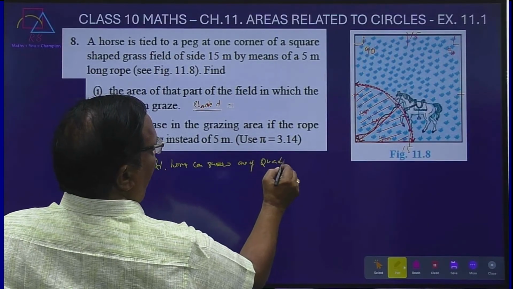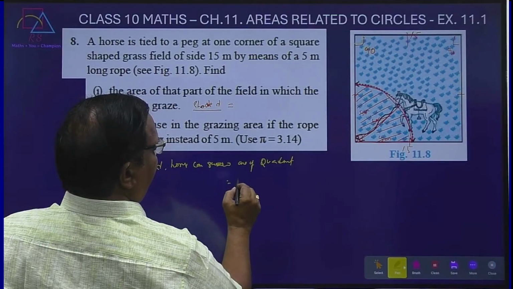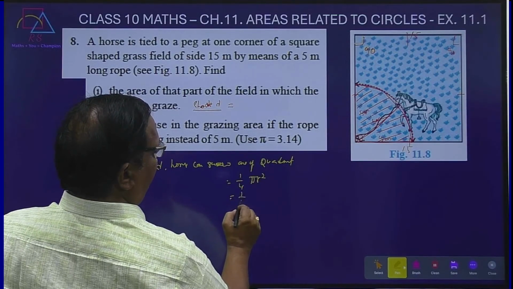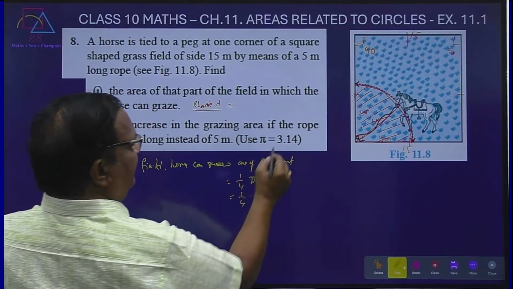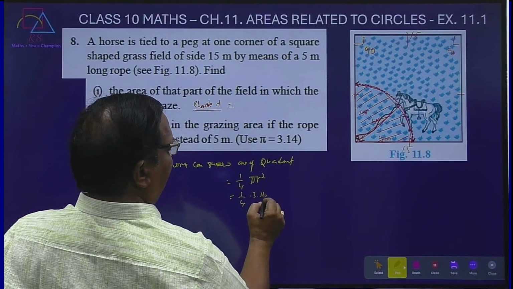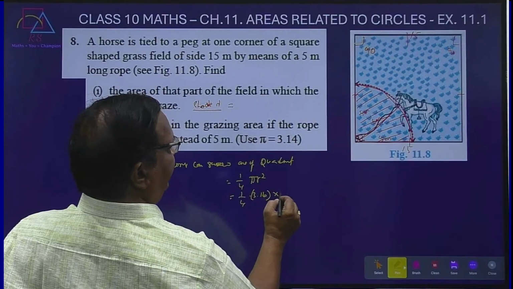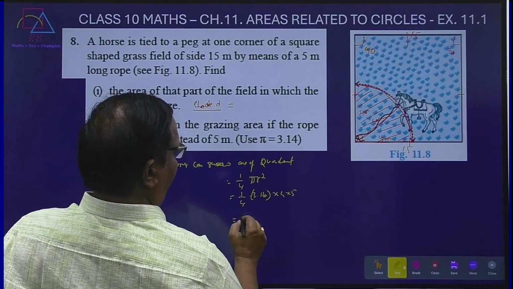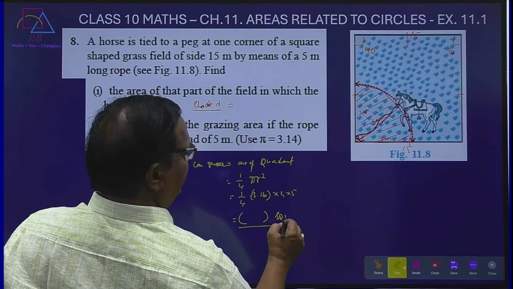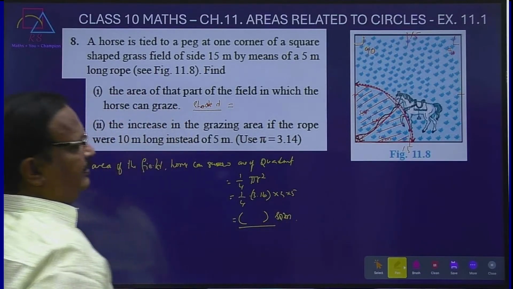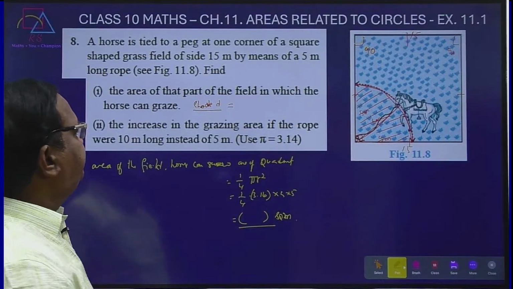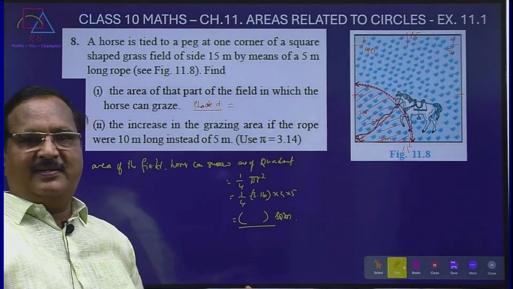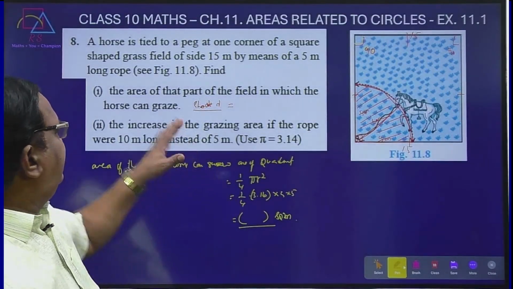I am writing directly quadrant. So 1/4 pi r square. So 1/4 into, use 3.14, 3.14 into radius is 5, 5 into 5. You will be getting some answer in square meters, because 5 meters is given. So you do this, and you will get the first question's answer.